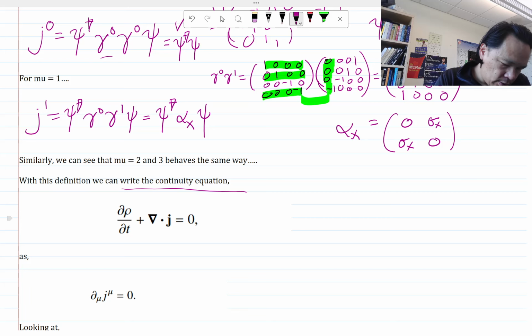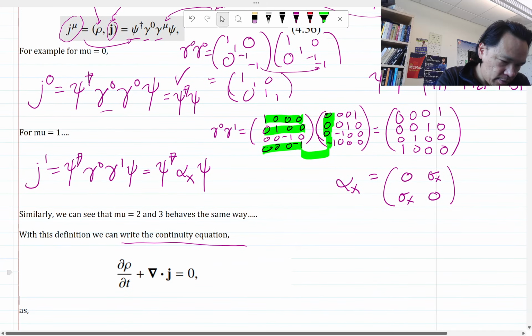So with this new definition, J mu, I'm going to copy that down.